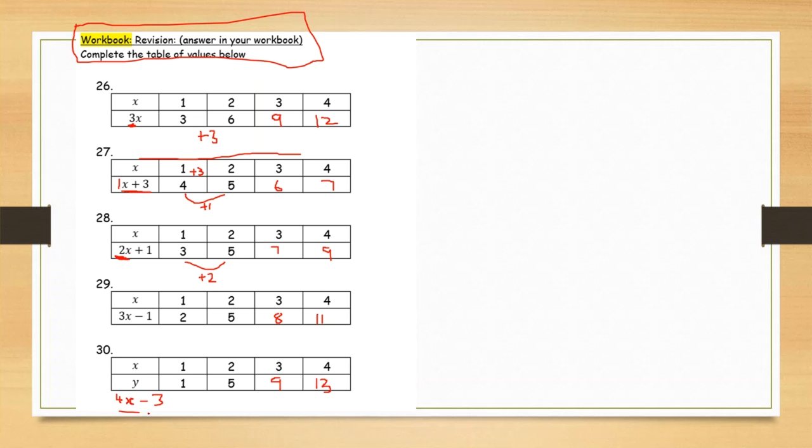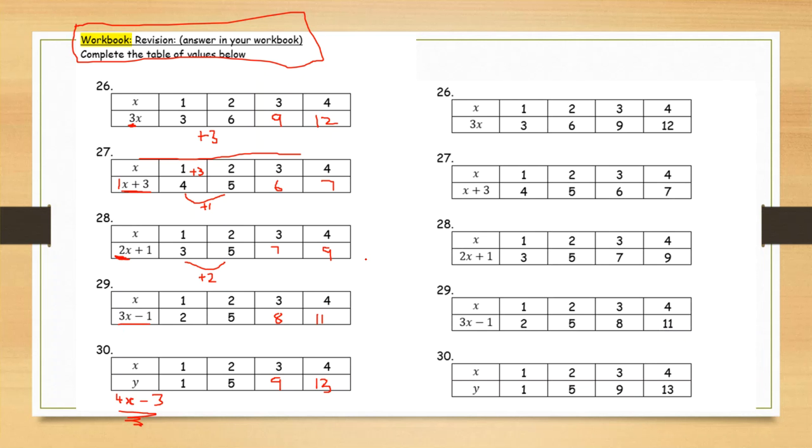That would be the actual rule for this table. 4 3s are 12, take away 3 is 9. 4 4s are 16, take away 3 is 13. So sometimes you actually have to work out the numbers when the rule's not given to you. Your table should look like this.